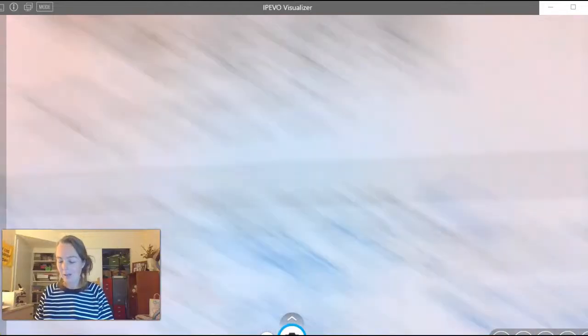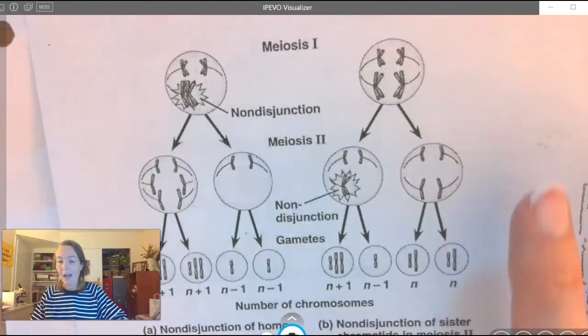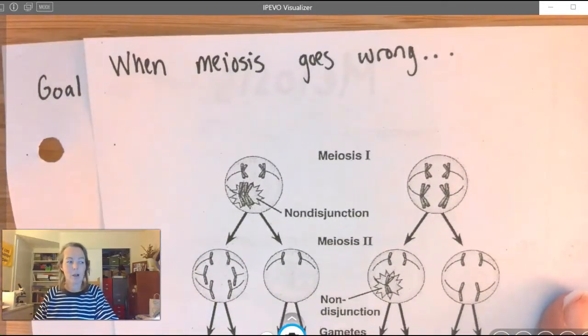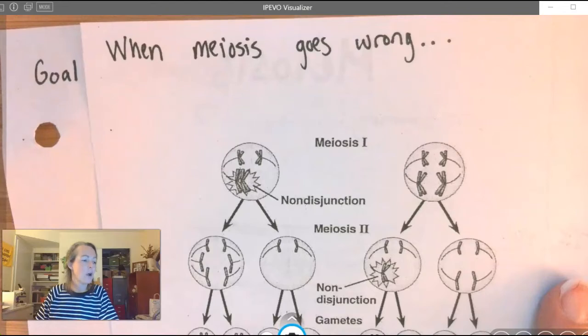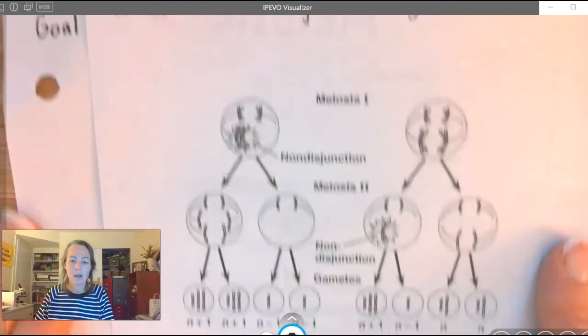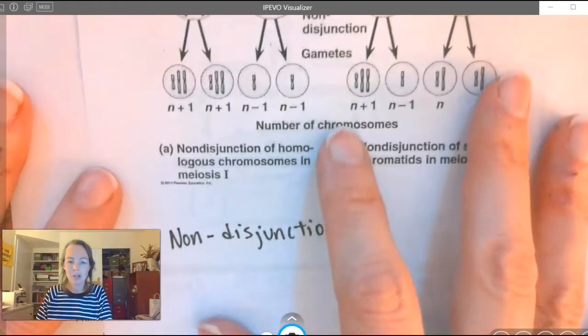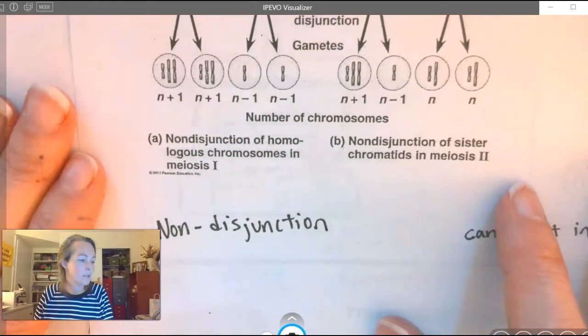The last thing I want to talk about is what happens when meiosis goes wrong. When meiosis goes wrong, you can have something called non-disjunction. Non-disjunction is when the chromosomes do not separate.